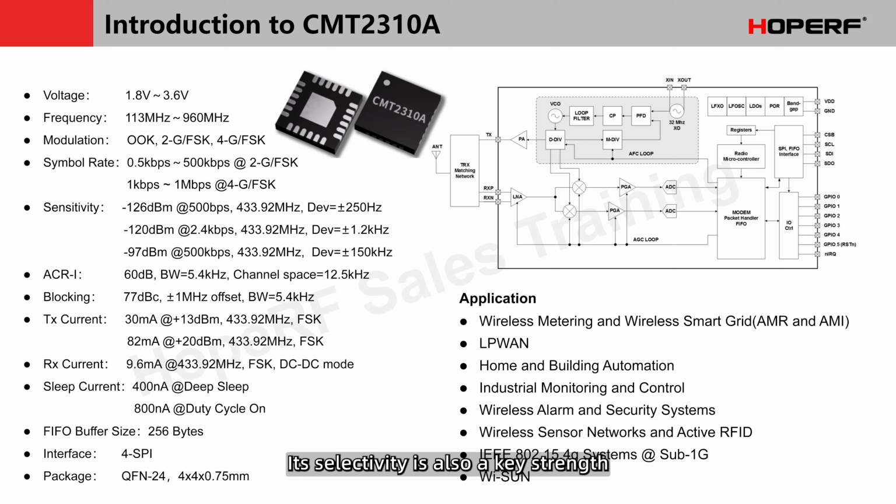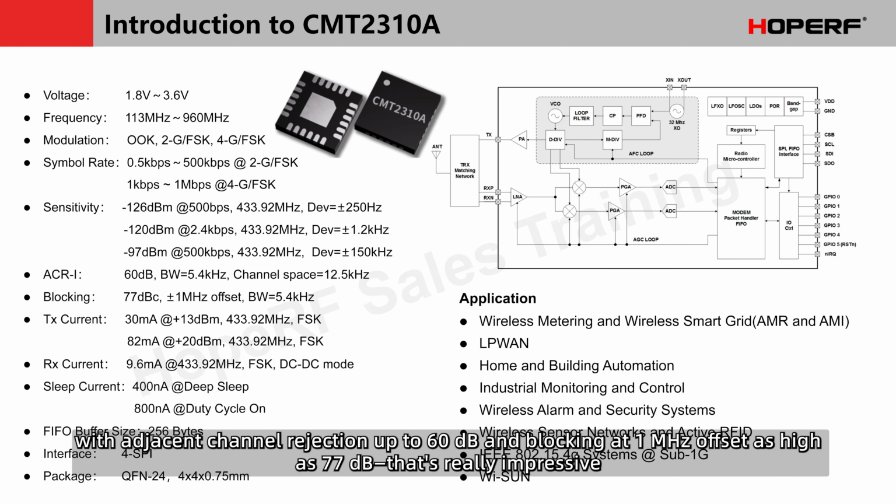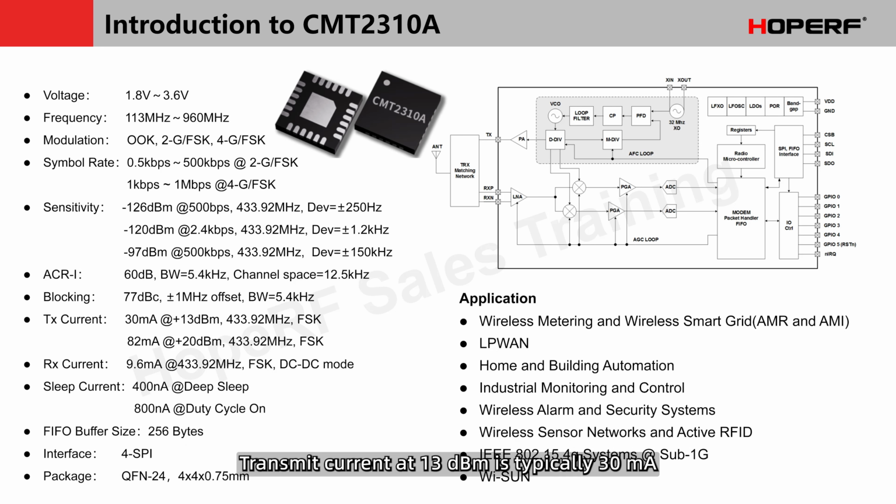Its selectivity is also a key strength with adjacent channel rejection up to 60 dB and blocking at 1 MHz offset as high as 77 dB. That's really impressive. Transmit current at 13 dBm is typically 30 mA, and at 20 dBm is about 82 mA.